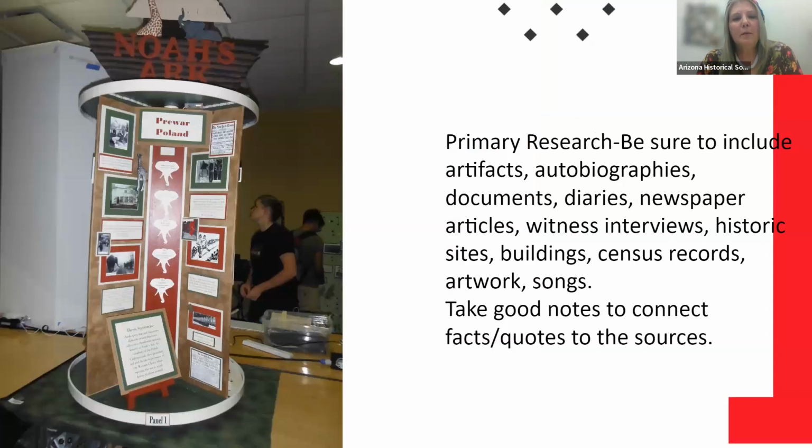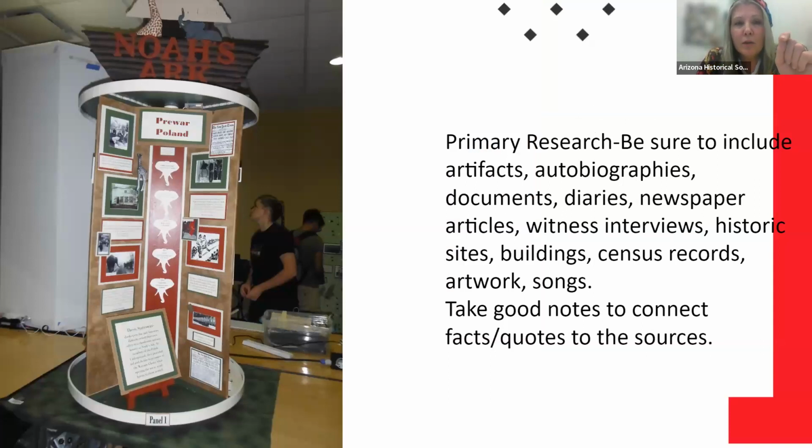Here's another sample. A key component for you and your project is making sure that you focus on your primary sources. Primary sources can be artifacts, it can be autobiographies. Primary sources include documents, witness interviews, historic sites, census records, artwork.